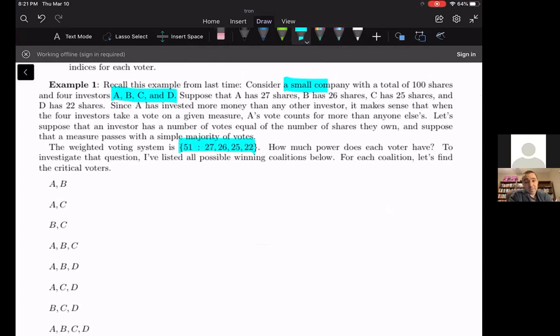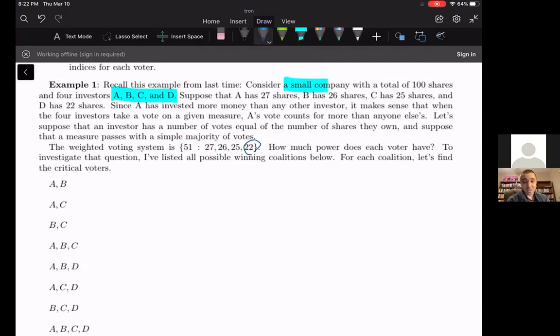Now, voter A has 27 votes for their 27 shares. Presumably, they think they should have the most power because they invested the most money and therefore got the most votes. Now, investor D, on the other hand, with these 22 votes, shouldn't expect to have the most power, obviously.